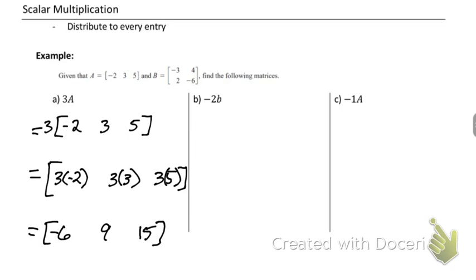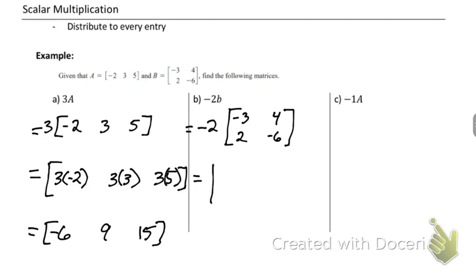Well, that's how it works if it's a 1 by 3, but it's going to work the same if I had a 2 by 2 or a 3 by 3 or a 6 by 2 or whatever size you have. So in this next case, we'll have negative 2 times the matrix negative 3, 4, 2, and negative 6.